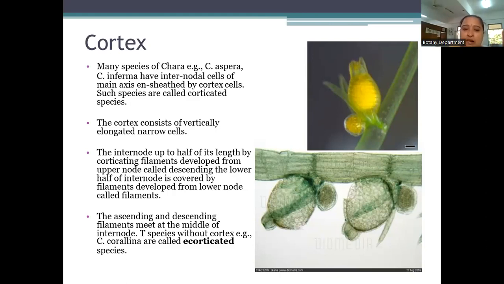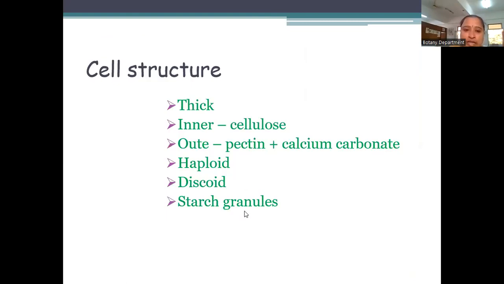Corticating filaments develop from the upper node, and that is called the descending layer of the internode. Some plants have ascending or descending filaments that produce the internodes, and that is called ecorticated.